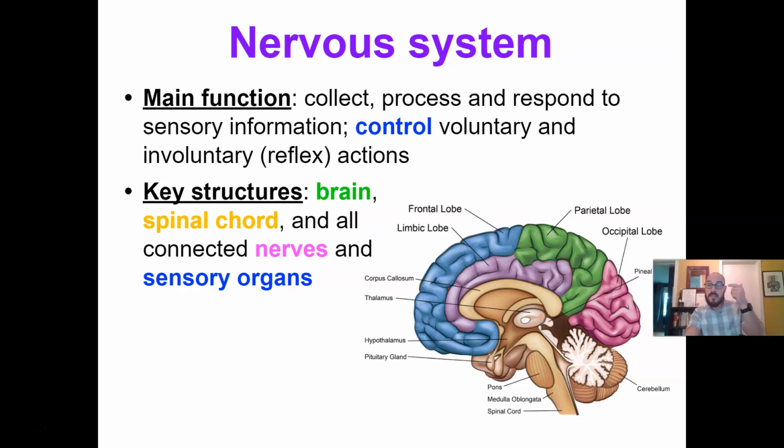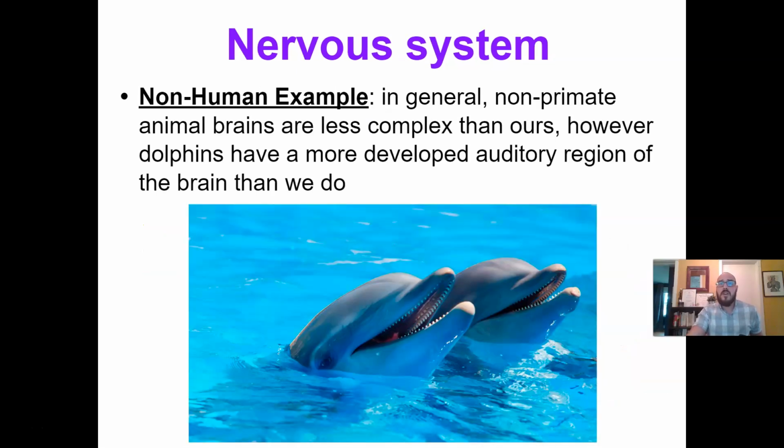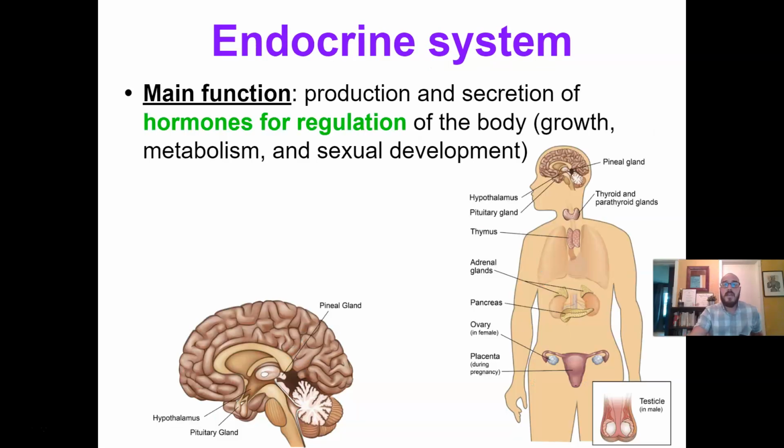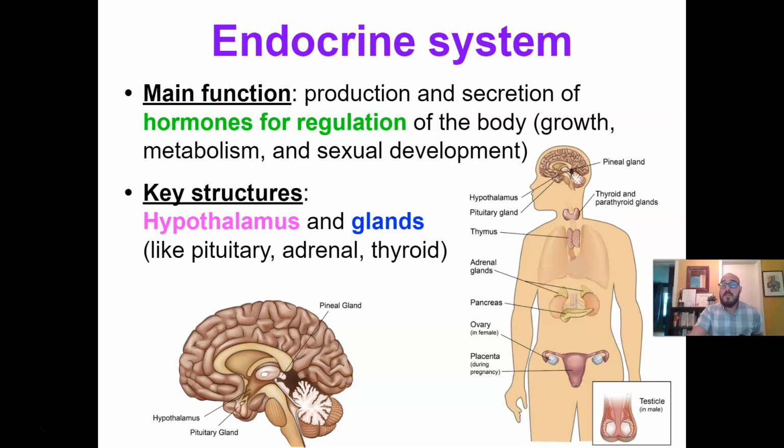So your ability to smell, see, taste, touch, hear, all of that gets processed by the brain. And really the key cells and tissues here are going to be nervous tissue and neurons. So in general, non-primate animals have less complex brains than we do, but some animals have really developed auditory systems, like a dolphin.